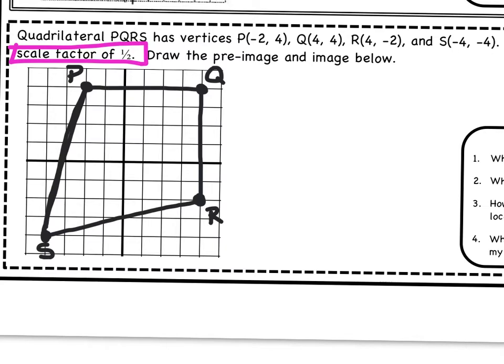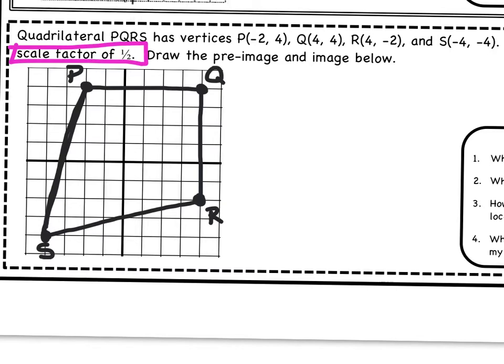Now, thinking about what the scale factor is, remember I talked about earlier that the scale factor is always multiplied by your coordinates. Well, the other option besides multiplying by 1/2 is actually dividing by 2 instead. So you have two options here. You can either multiply by 1/2 or you can divide by 2. It's much easier to divide by 2 than it is to multiply by 1/2, so I'm going to opt to divide by 2 on each one of these.